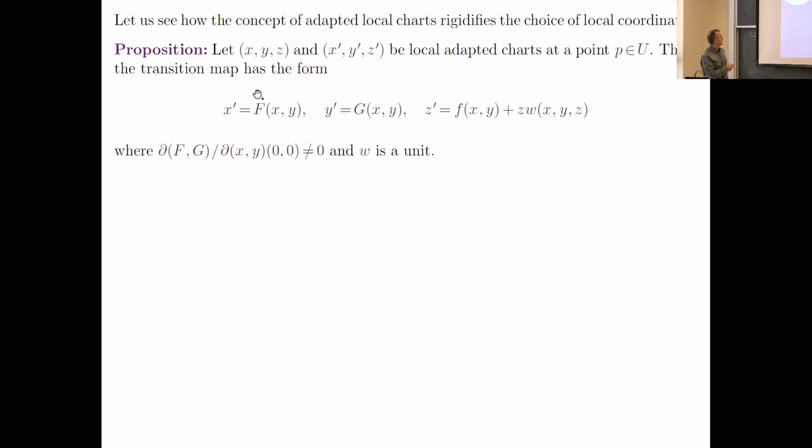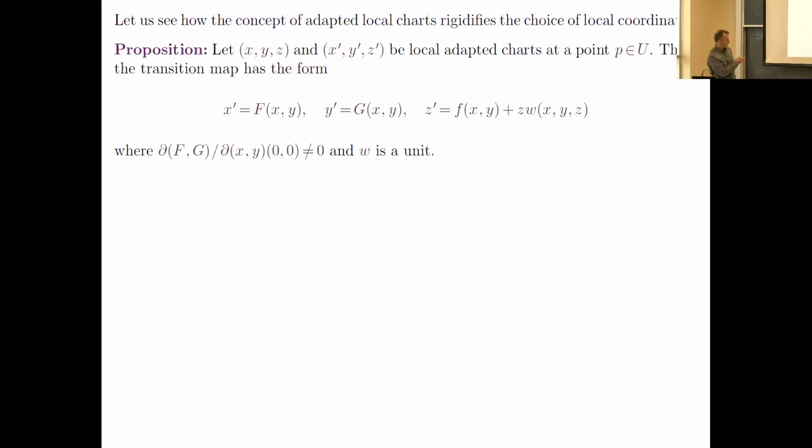So in the first two coordinates, x and y, there is no dependence on the third coordinate, and then z prime can depend on all the coordinates. This is the case where the coordinates are centered on any point on the manifold.